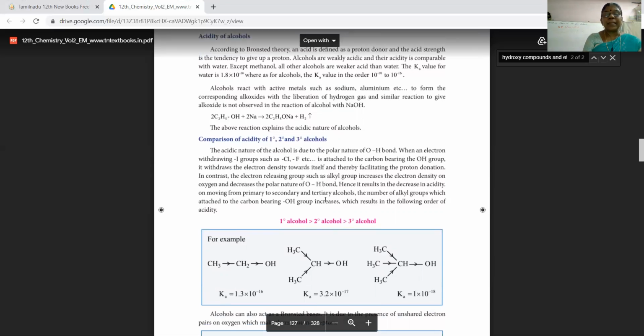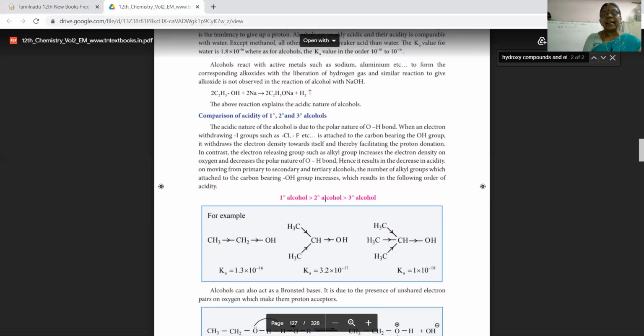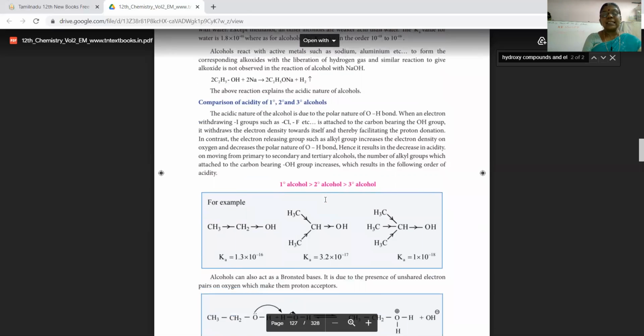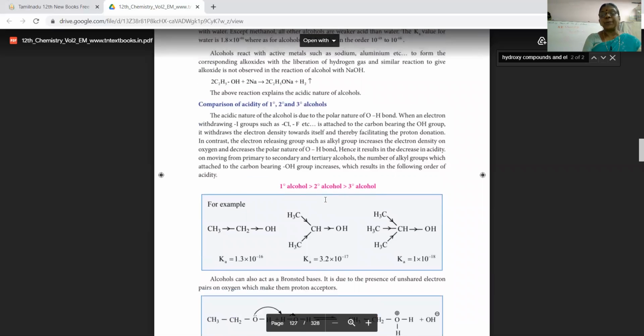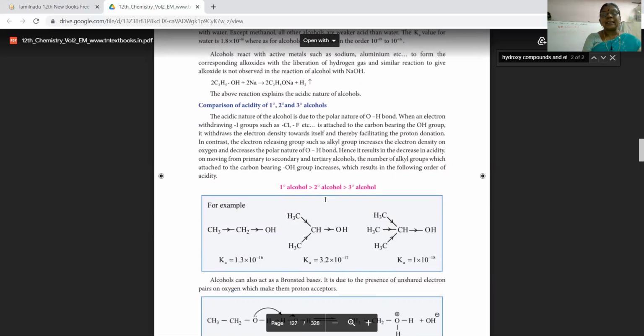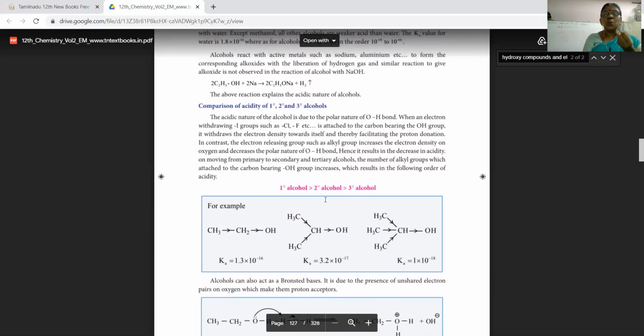Next is the comparison of primary, secondary and tertiary alcohols. The acidic nature of alcohol is due to the polar nature of the OH bond. When an electron withdrawing group, that is a minus I group such as chlorine and fluorine, etc., is attached to the carbon bearing the OH group, it withdraws the electron density towards itself, thereby facilitating proton donation.